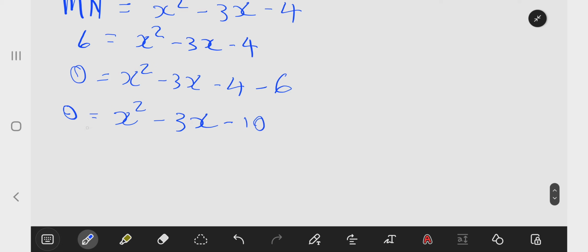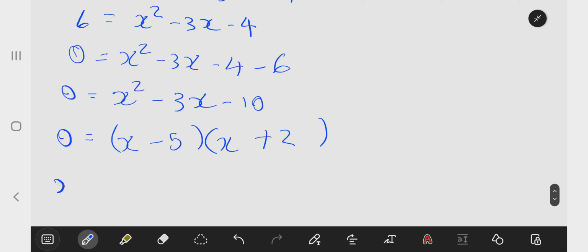Okay, so now solve for x here, it's either you use the factorization method or you use the quadratic formula, right? So when we factorize here, the factors that when we add give us negative 3 and when multiplied give us negative 10 will be minus 5 and positive 2.